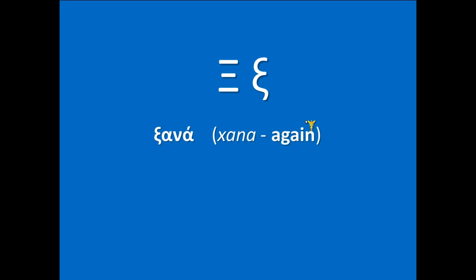Next letter is the letter Xi, like Xana, that means again, or Xenos, that means foreigner.